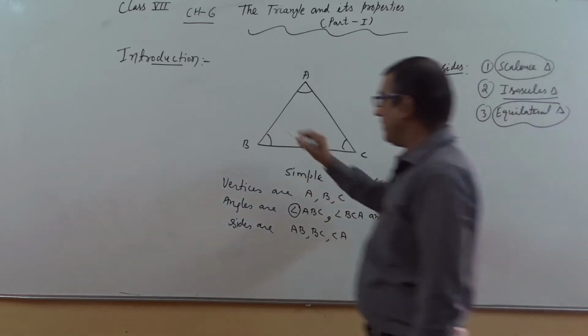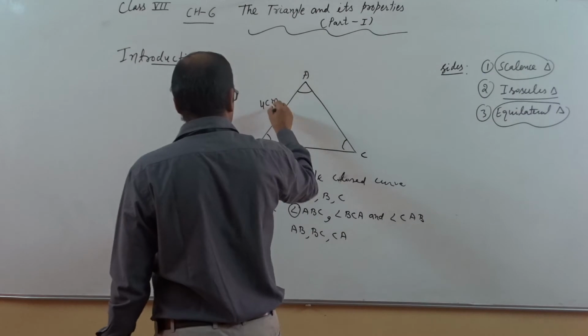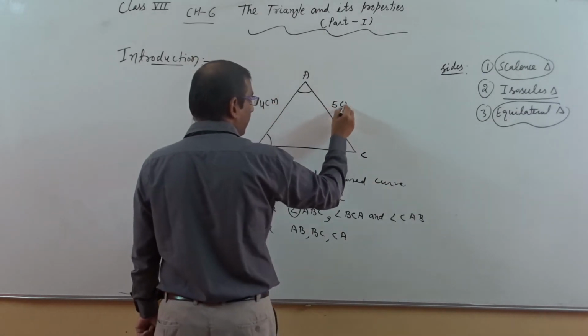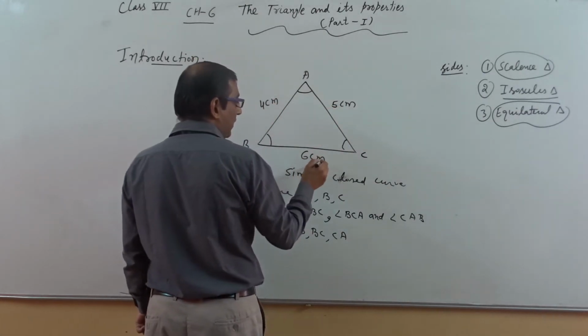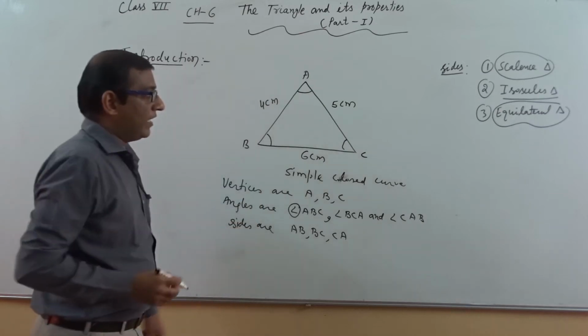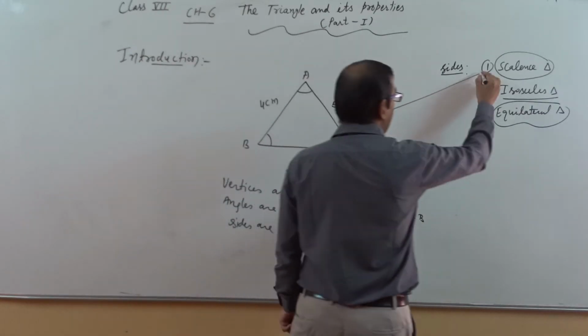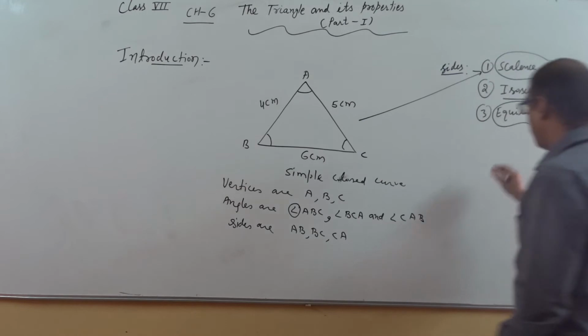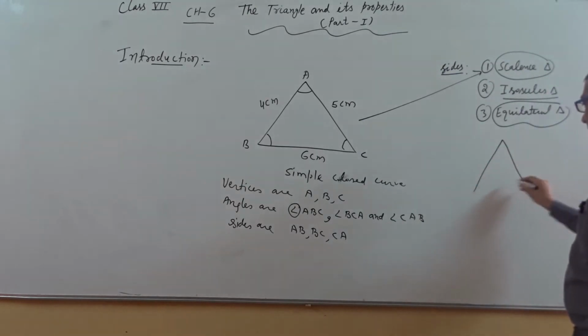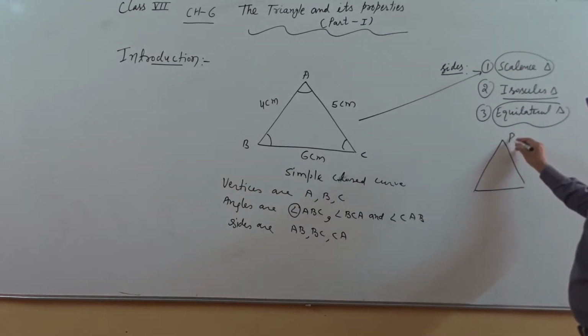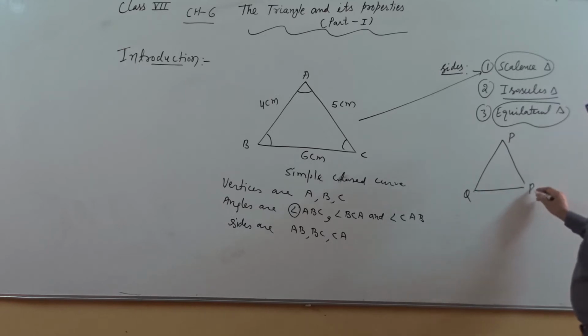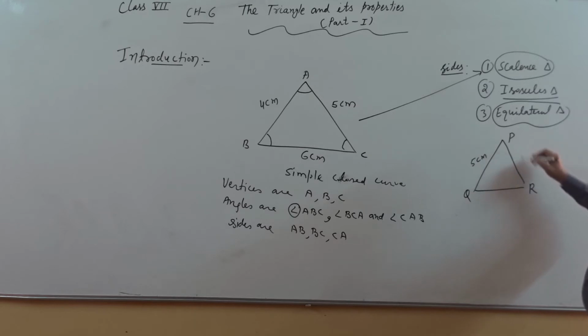So if I am saying this is 4 centimeter, 5 centimeter and 6 centimeter, then this type of triangle is related with scalene triangle. And if I am continuing with another triangle PQR, if PQ side is 5 centimeter and PR is also 5 centimeters and this is 6 centimeter, then we can say these two sides are equal.